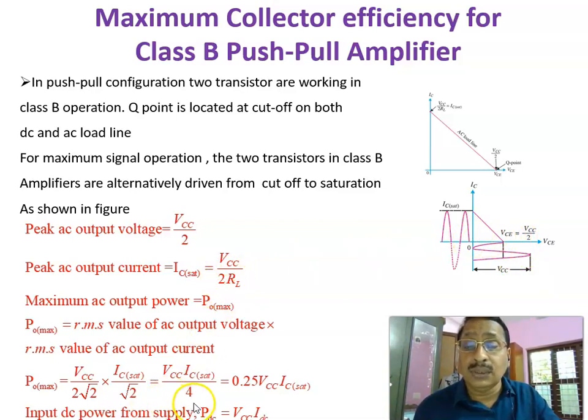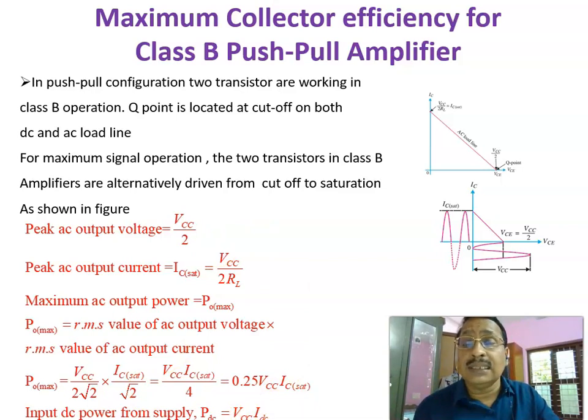Therefore, it is equal to IC max divided by root 2. Or substituting that one, we will be getting VCC into IC SAT divided by 4. Then the input power supplied, the DC power input applied, is equal to VCC into IC.